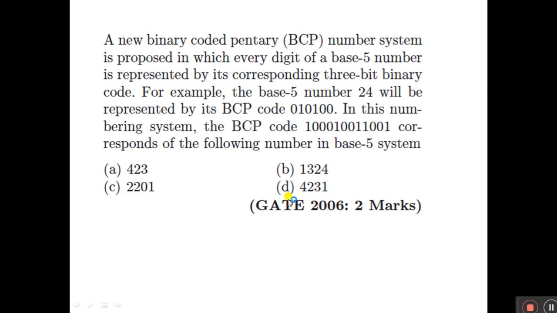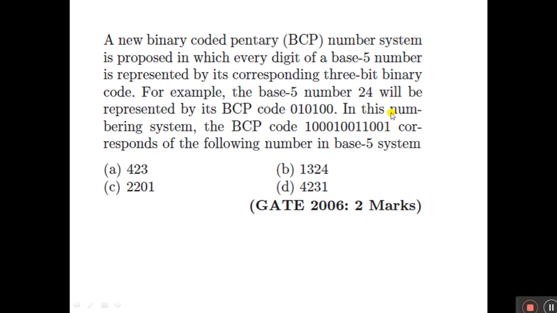Next one. This question was asked in GATE 2006. A new binary coded Pantary number system is proposed in which every digit of a base 5 number is represented by its corresponding 3-bit binary code. For example, the base 5 number 24 will be represented by its binary coded Pantary code 010100.